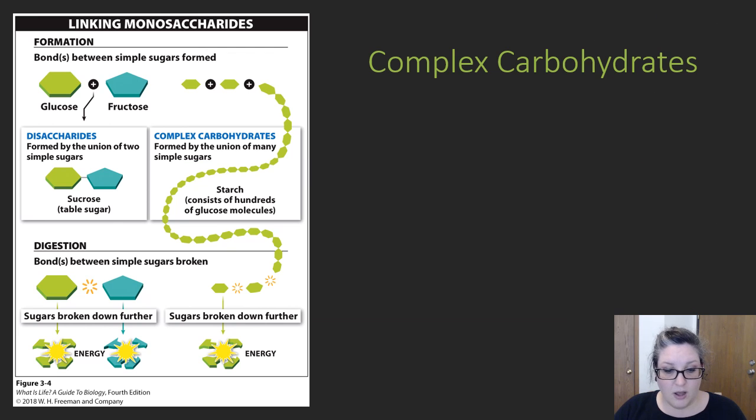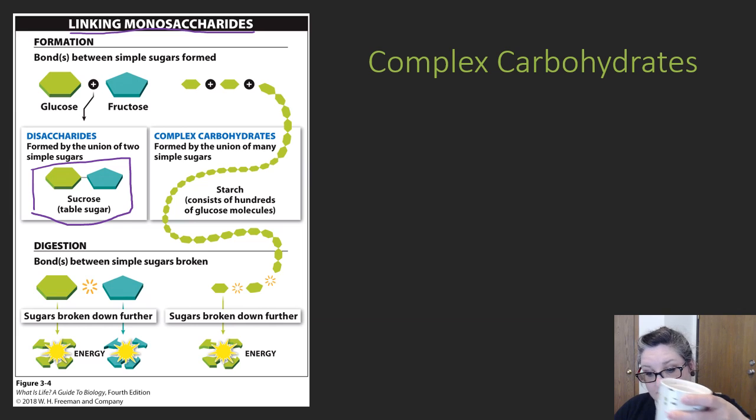So let's talk about complex carbohydrates. Up at the top here it says linking monosaccharides. Complex carbs come in many different forms. For example, here is that sucrose I was mentioning, what we call sugar, that we put in our coffee and tea.